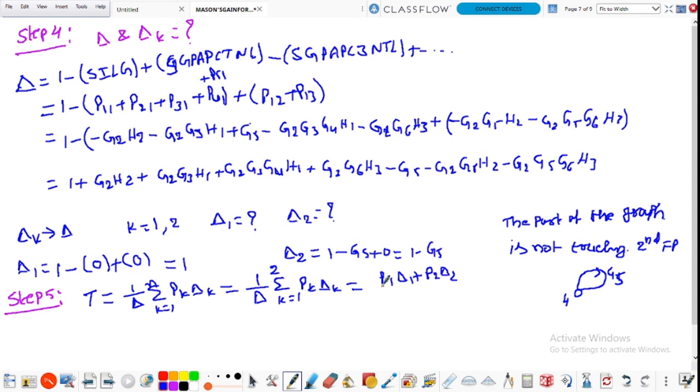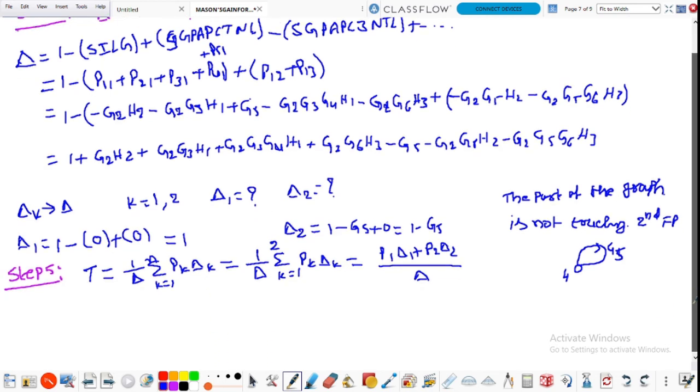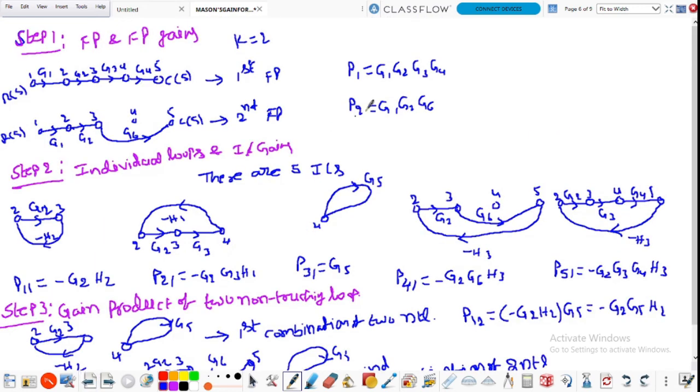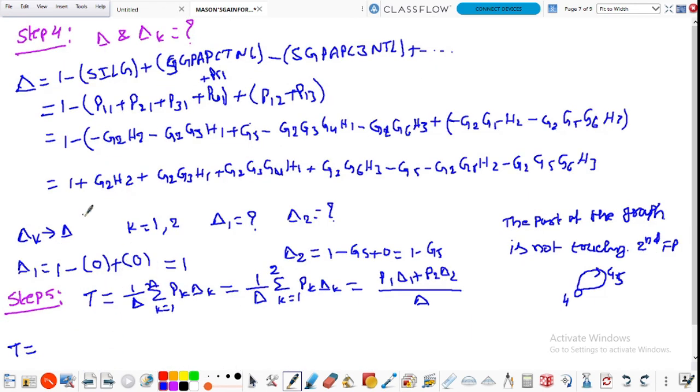The p1, p2, delta 1, delta 2 and delta values are already calculated, and we substitute all these values into this equation to get the transfer function of the given system. Therefore the transfer function T is equal to, what is the P1 value? P1 is the first forward path gain, and this is the second forward path gain, and this is the delta value, this is the delta 1 value, and this is the delta 2 value.